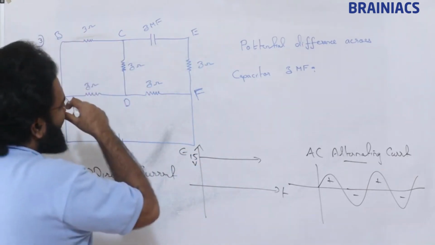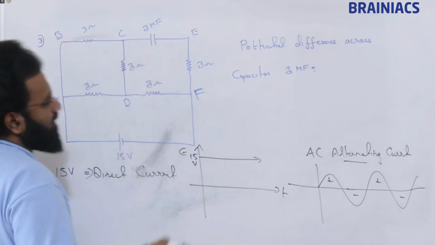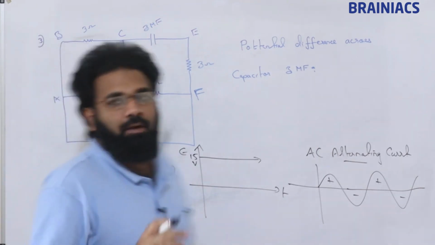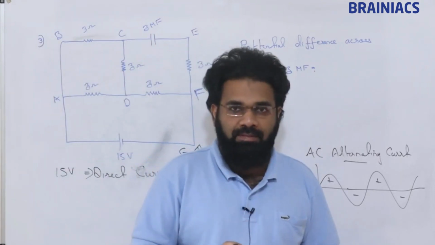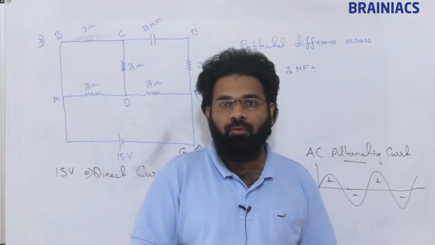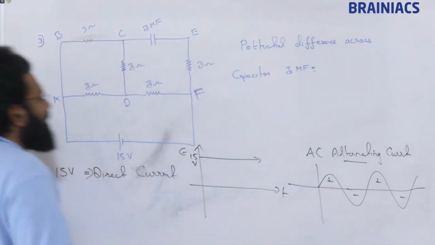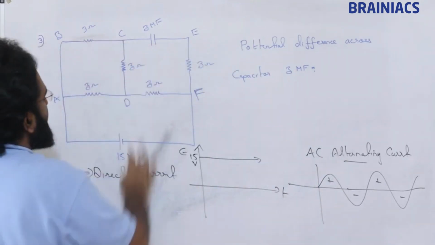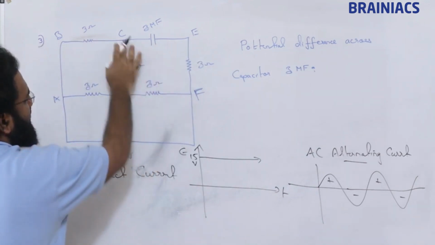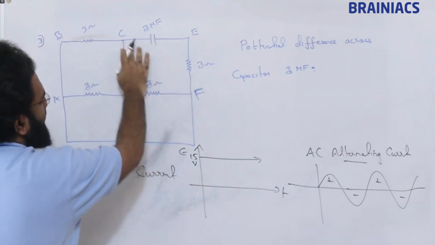So the thing with the capacitance is, capacitance doesn't allow direct current to flow. So no current will flow through capacitance. Now how to find the potential across capacitance?